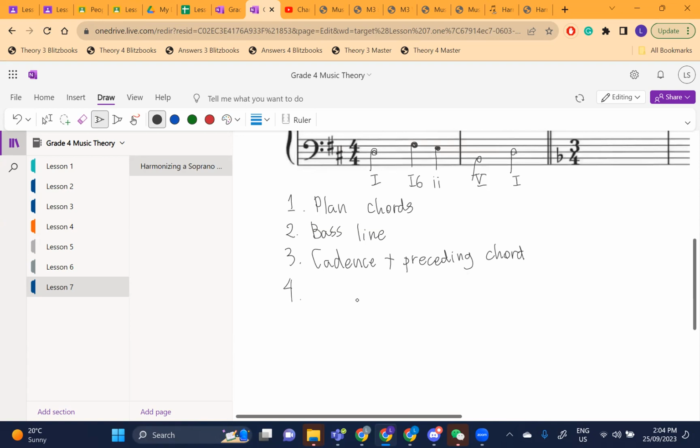Step 4, add inner parts, working backwards. Step 5, check for consecutives.